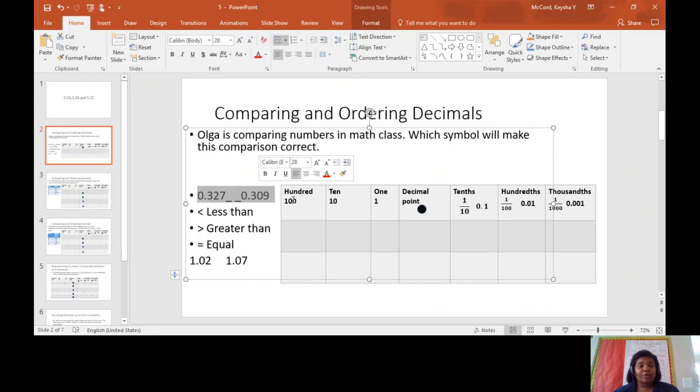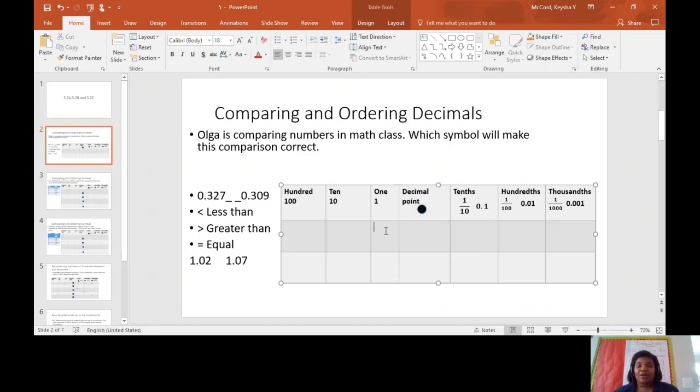First thing I'm going to do is put my numbers in the place value chart, okay? If you have your place value chart, you can just write it in. If you don't have one, I'm so sorry, you're going to have to draw a place value chart. So I'm going to type my numbers in. You'll be writing your numbers in.